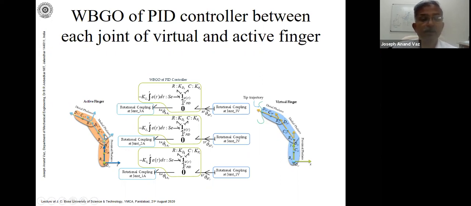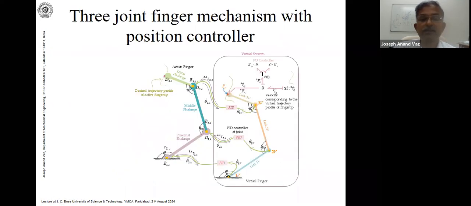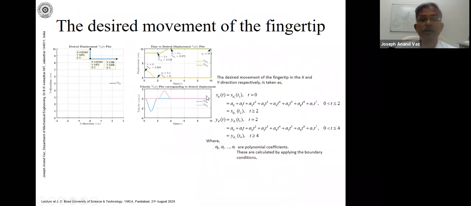Now this active finger has got to further transfer motion to the passive finger, which is the prosthetic finger. So here we have a 3-joint finger mechanism with position control. We have done position control also here, and a particular trajectory has been given.